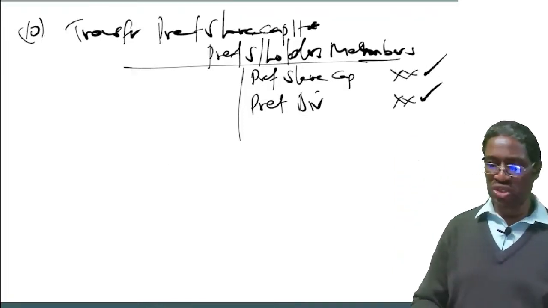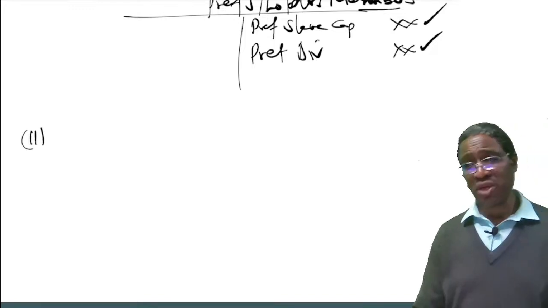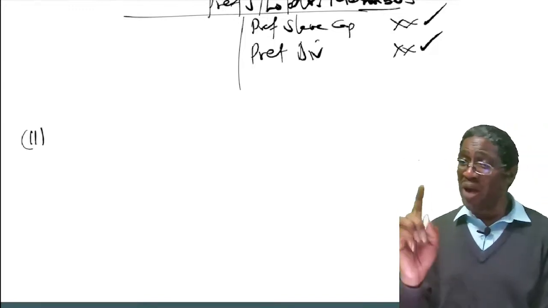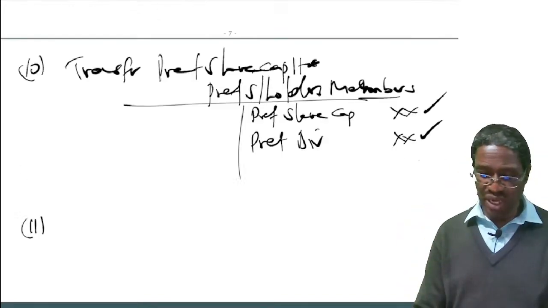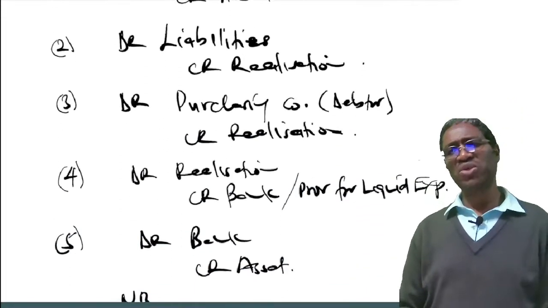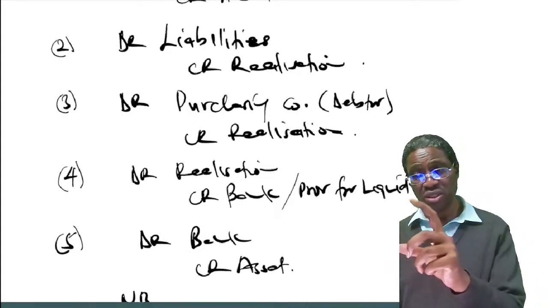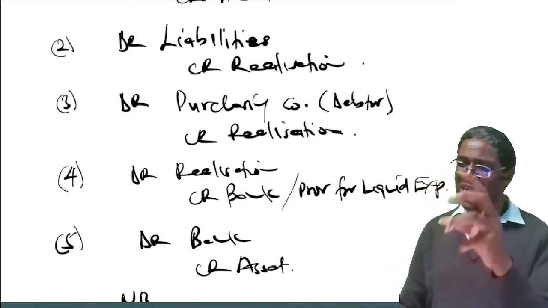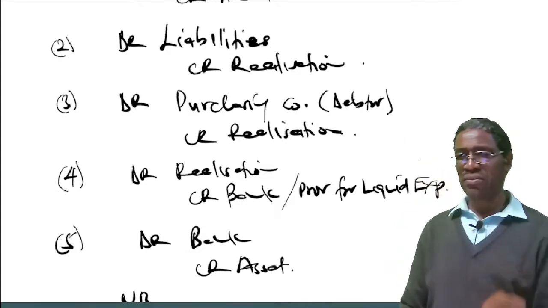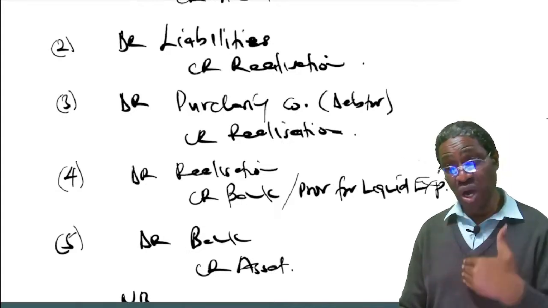Let me now go to step number 11. Now listen. For number 11, I want to take you back to number 3. Number 3, you remember, was the purchase consideration. That time, we created an account by the name of company B. We were A Limited.